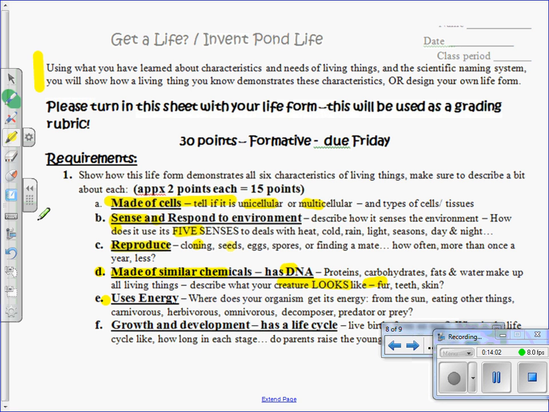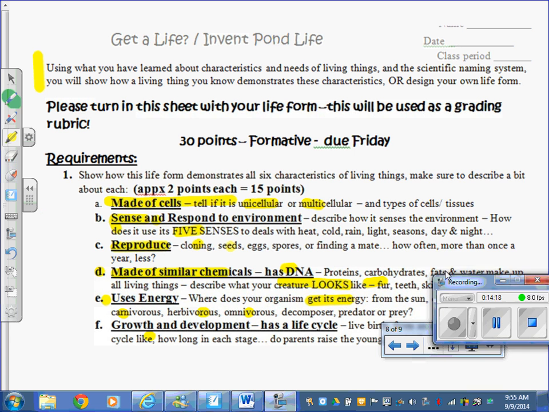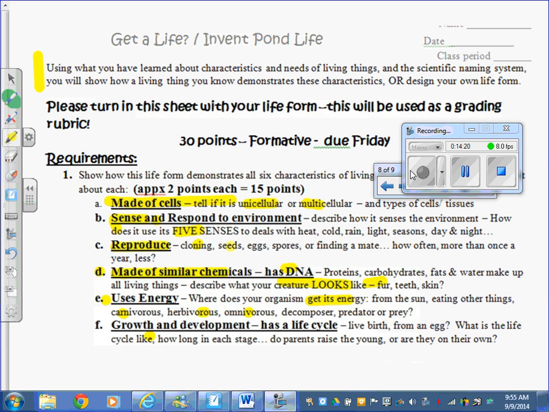Use energy. Where does it get its energy? So is it a carnivore, an herbivore, omnivore, decomposer, predator, prey? Does it do photosynthesis like a plant? And then growth and development, life cycle. So with this, tell a little bit about the life cycle of this organism.